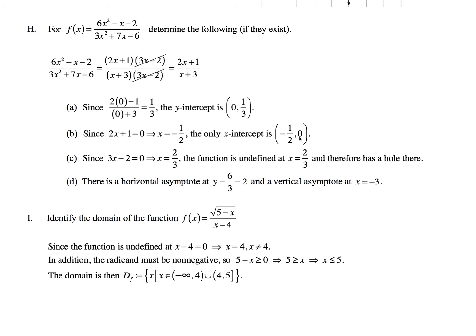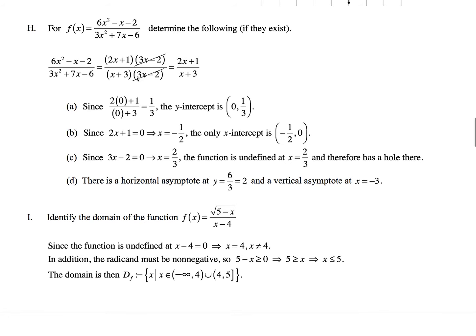Now to locate the holes, you go back to that common factor and you set it equal to 0 and solve. Add 2 to both sides, divide by 3, and so x is equal to 2/3. And so the function is undefined at x equals 2/3, and so it has a hole there. It does not have a vertical asymptote because the function reduces.